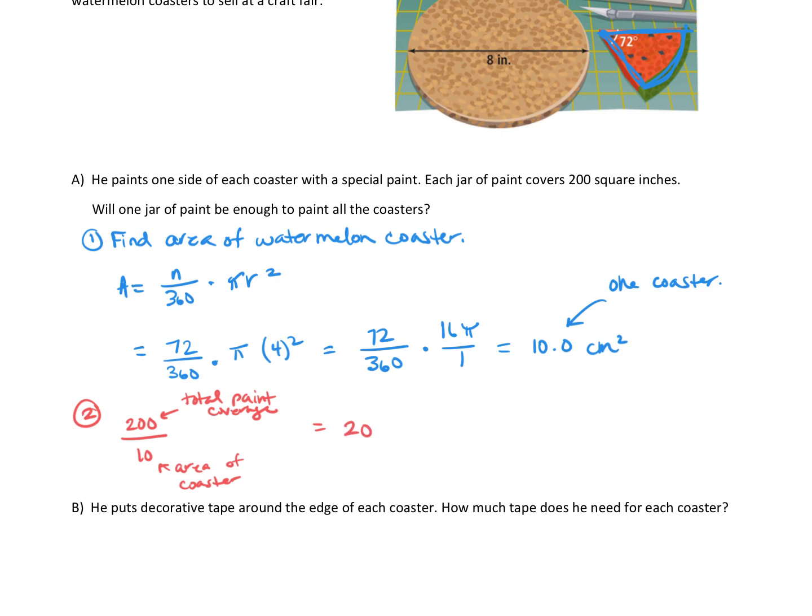So what that means is that Chen can paint 20 coasters with a jar of paint that will cover 200 square inches.